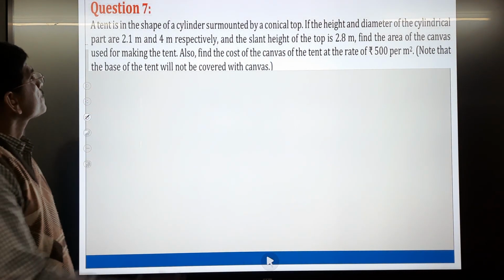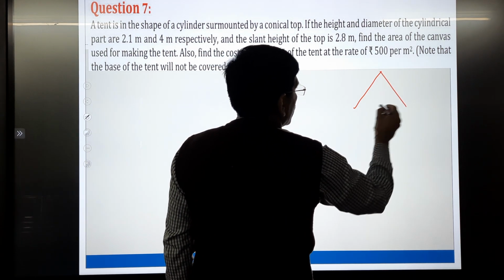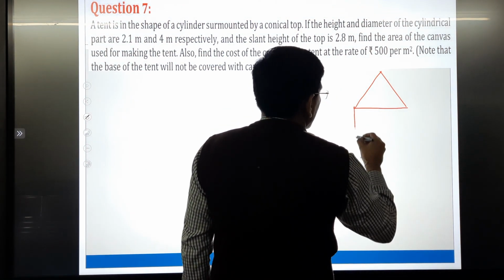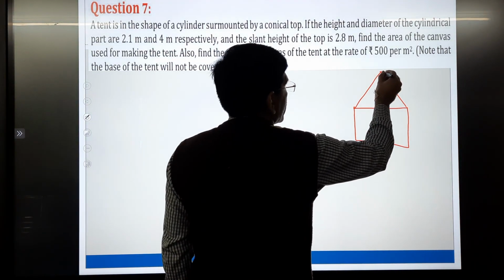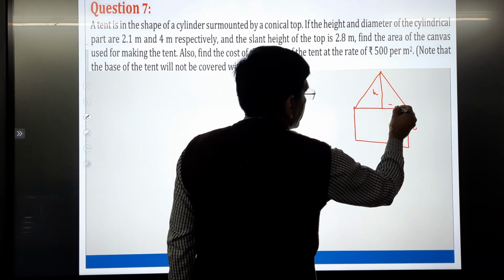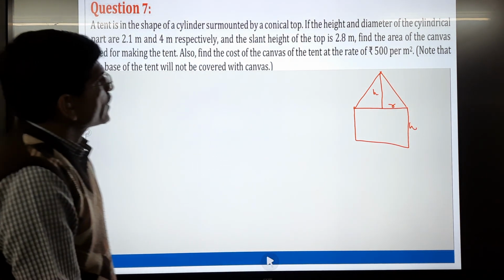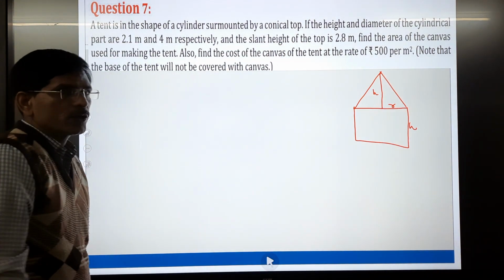Now 7. So we have to draw one tent. Here we can say it is H. Again here it is H. Here it is R. The question is, a tent is in the shape of a cylinder surmounted by a conical top.